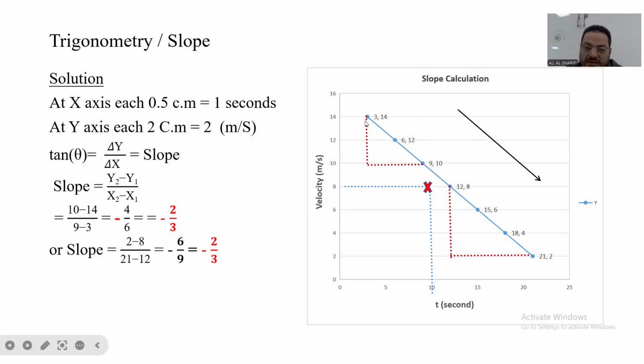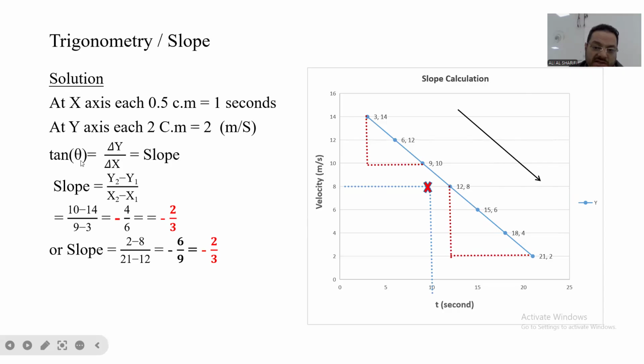Now, after that, we plotted all of these numbers. We have a line, which means the relation between time at the x-axis and velocity at the y-axis is a linear relation but inverse, because the arrow direction is toward the bottom.